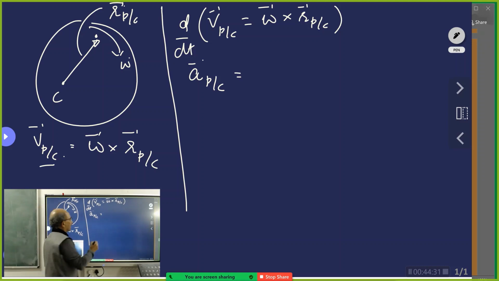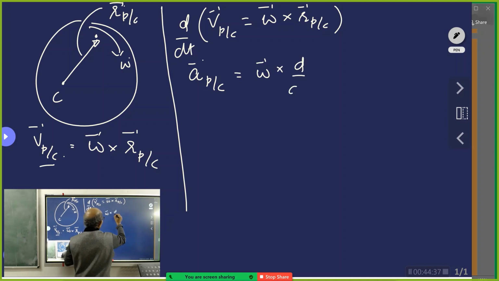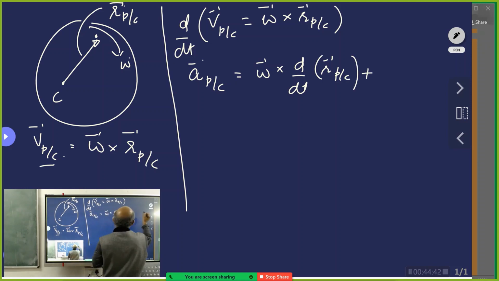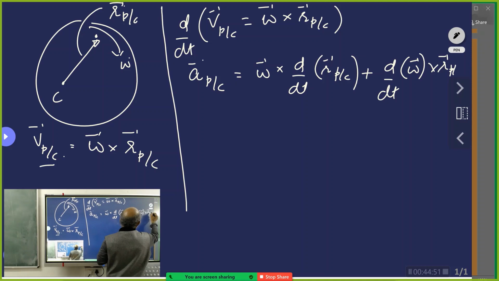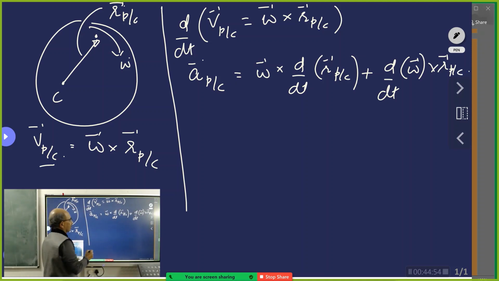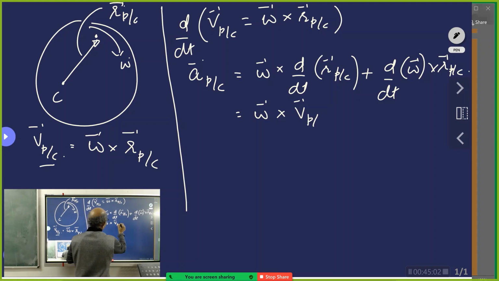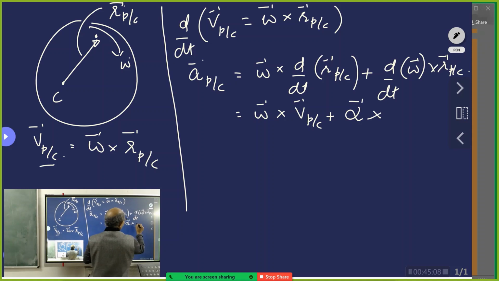The differentiation of the right side will be omega bar cross d by dt of R bar PC plus d by dt of omega bar cross R bar PC. So what is this going to be? This is going to be omega bar cross V bar PC, plus alpha bar cross R bar PC.